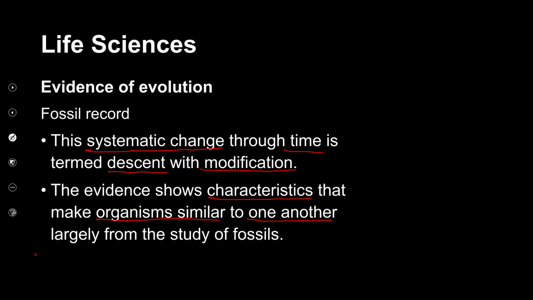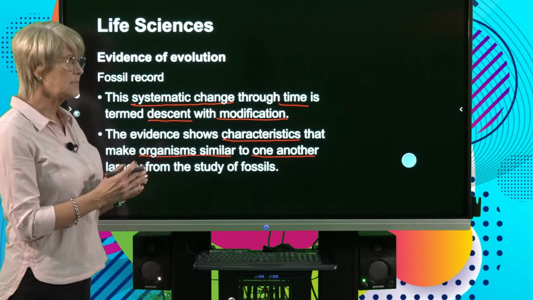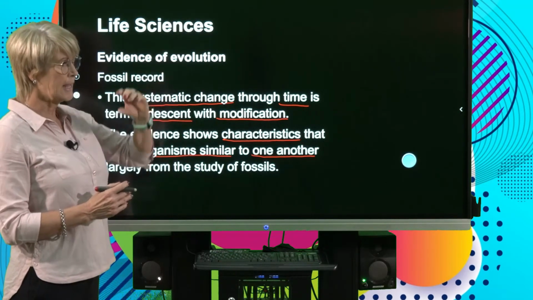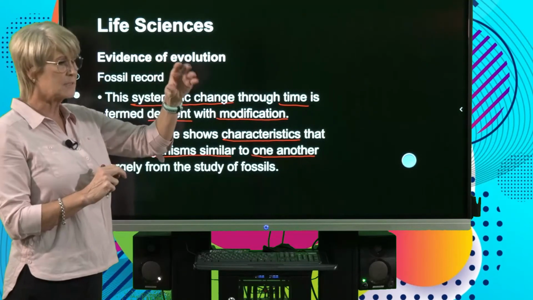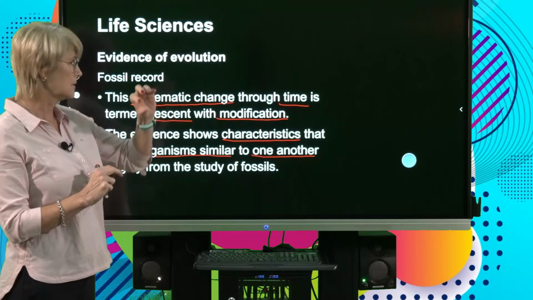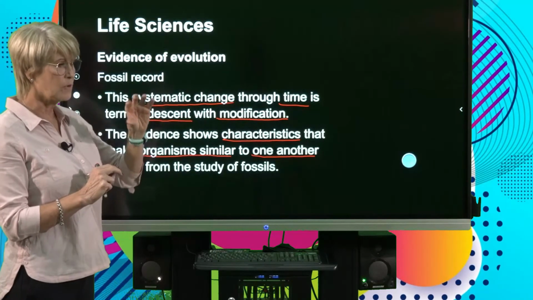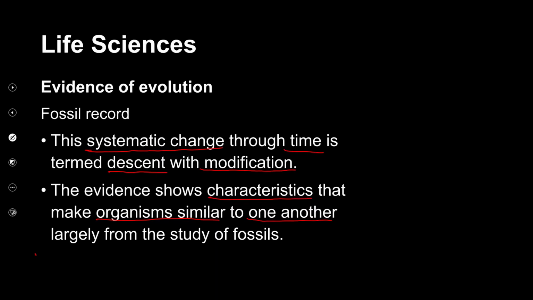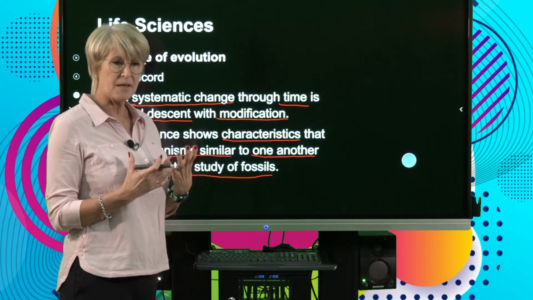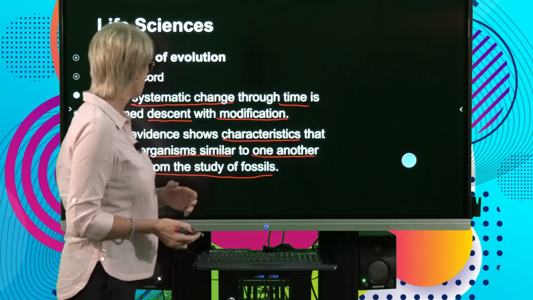So we can have a look at various layers of fossils through the time periods, and we can see, did the organisms in a layer above a lower layer descend from, or were they descendants of, the fossils in the layer below? All of that information we can gather from the study of fossils. So they are a very important part of our record of evolution as it has taken place.